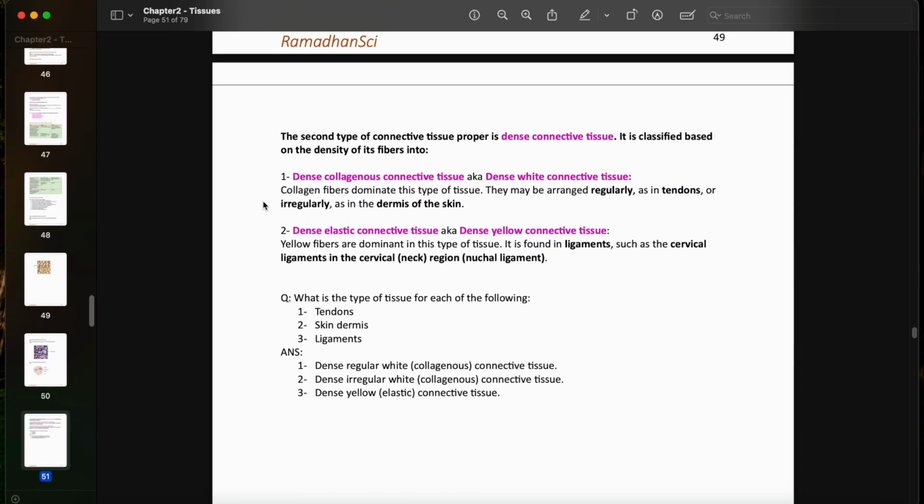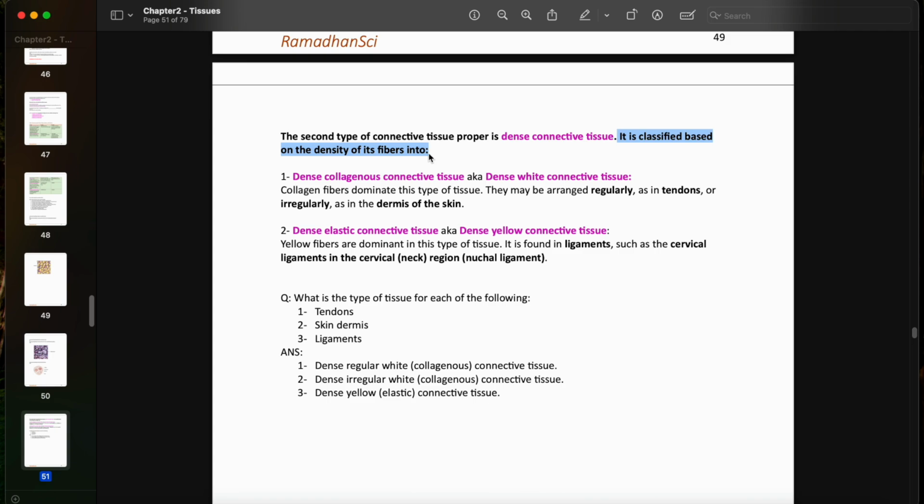And then the second type of connective tissue proper is the dense connective tissue, and it is classified based on the density of its fibers. Just really pay attention to the word classify according, and then they give you a blank question.